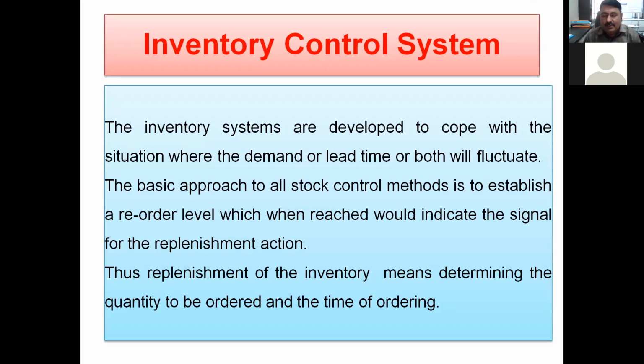Okay, so friends, related to inventory control system, the inventory systems are developed to cope with the situation where the demand or lead time or both fluctuate. In the introduction we have discussed the need and scope for inventory.